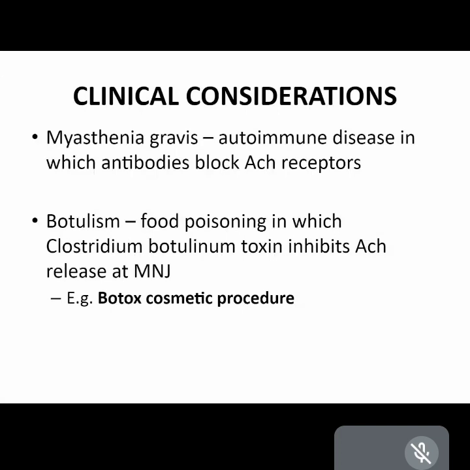It will release a toxin, and if you have botulism, you will just keep on vomiting because the muscles keep on contracting, as the toxin inhibited the acetylcholine release. So your muscles in your stomach won't stop contracting. So that's the food poisoning part of botulism.